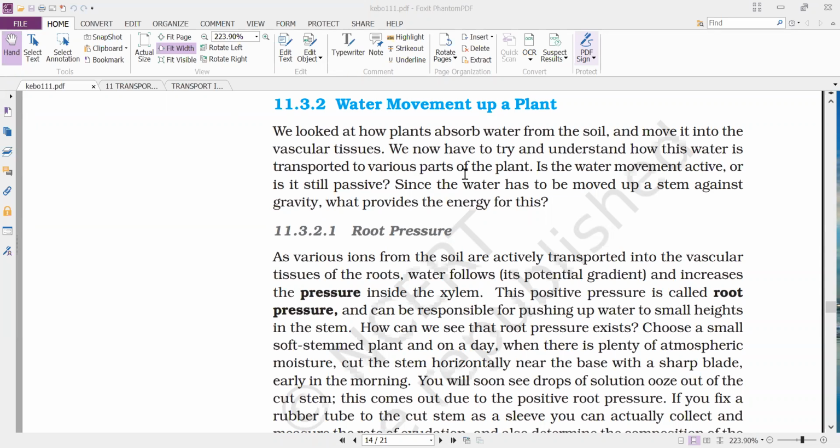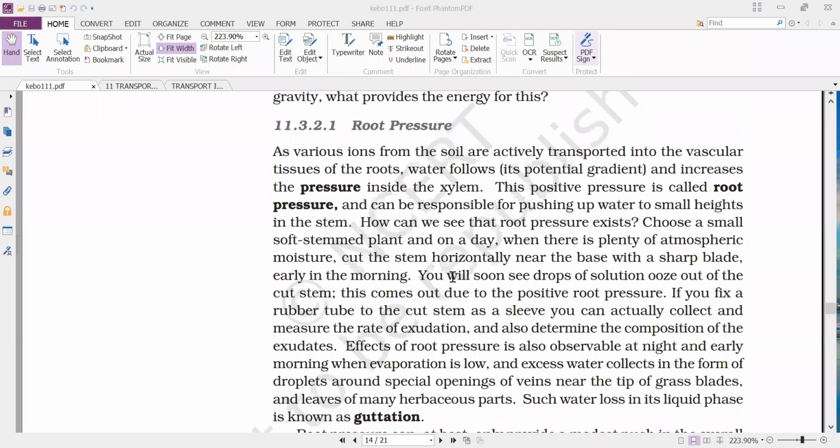If the water has to move against gravity, what will provide energy for the movement of the water from the root to the upper parts of the plant? It is nothing but the root pressure.